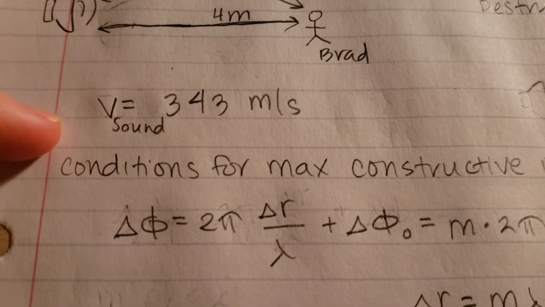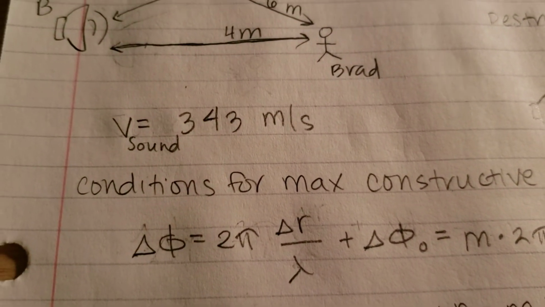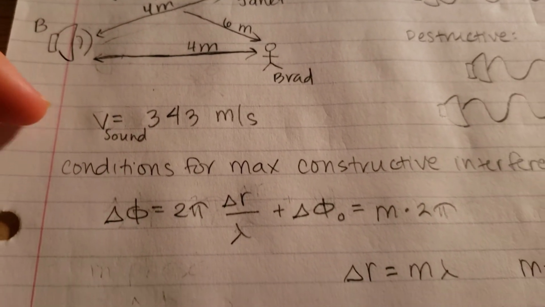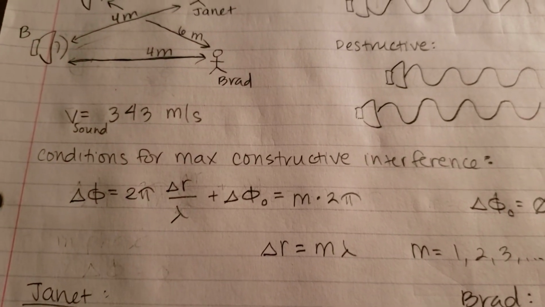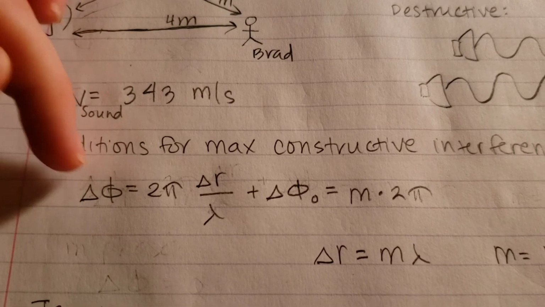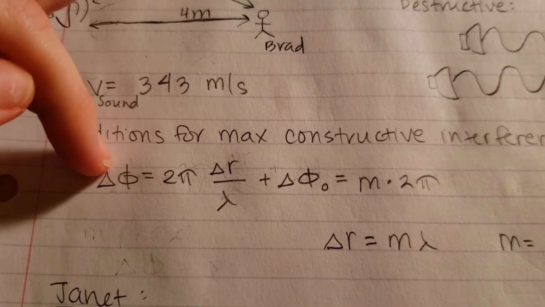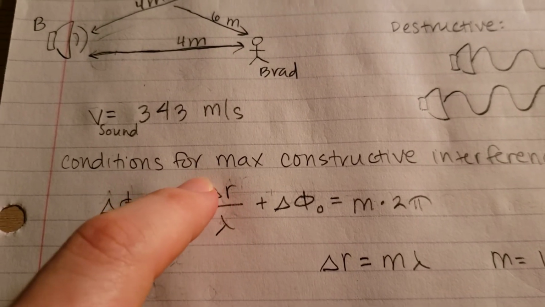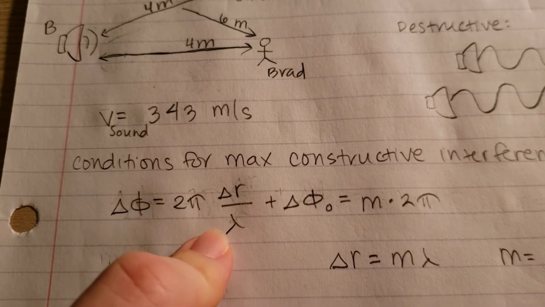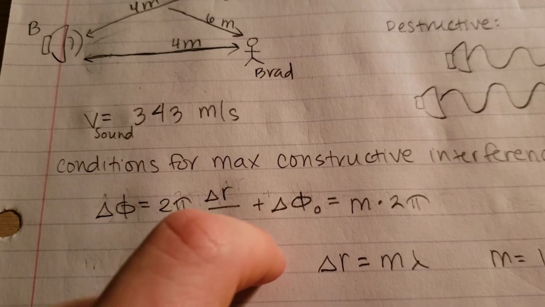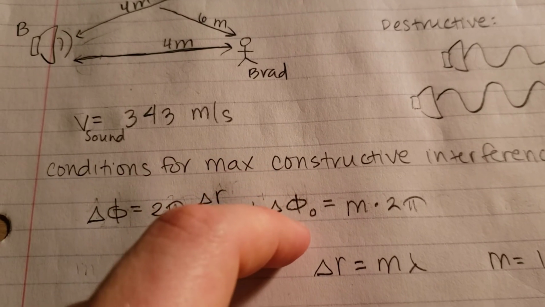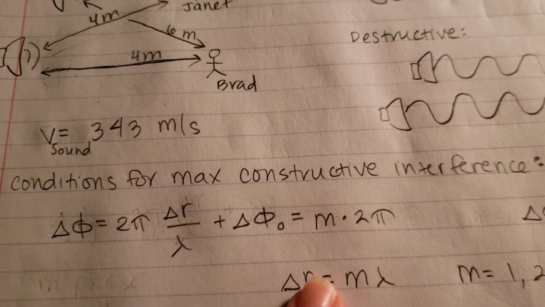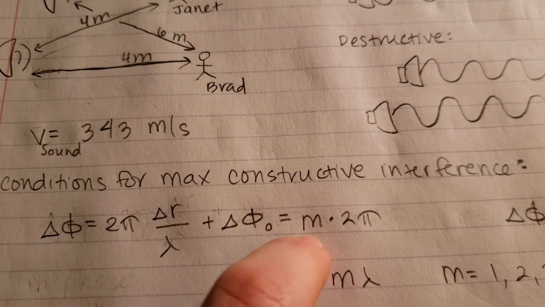We know the velocity of sound is 343 meters per second, which we will need later to find the frequency, so I just noted that there. The condition for maximum constructive interference is that the phase change for the waves, 2 pi times the path length difference divided by the wavelength plus the phase difference of the sources, has to be equal to m times 2 pi.